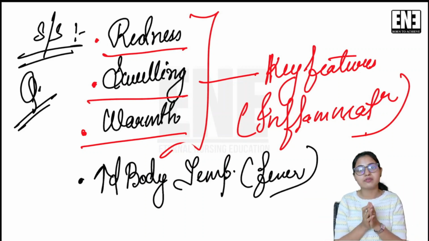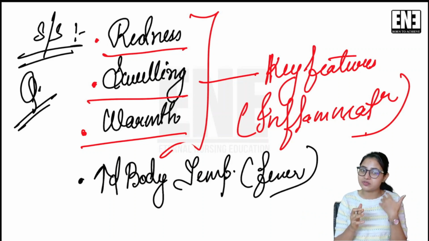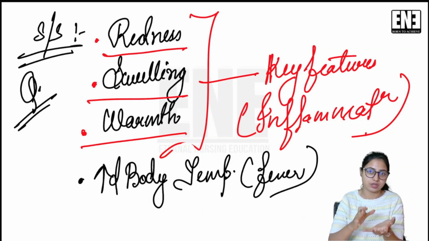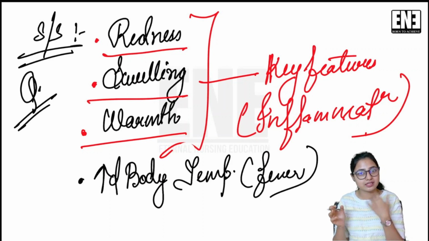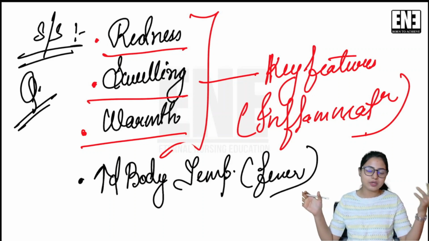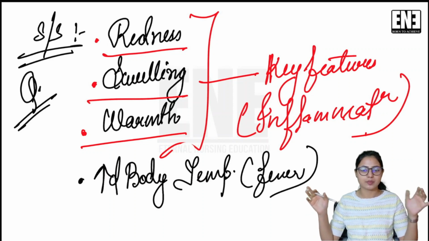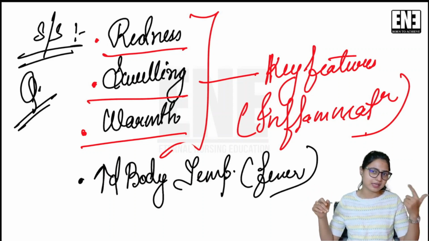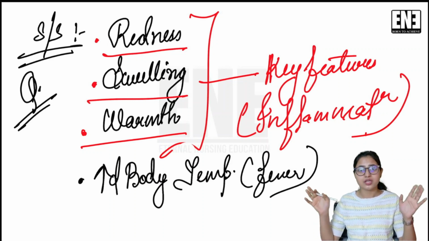Fever means your body is fighting against an infection. Fever can be due to many causes, but if you are having fever, your body is still fighting against that antigen or infection, due to which your body temperature is increased or high.